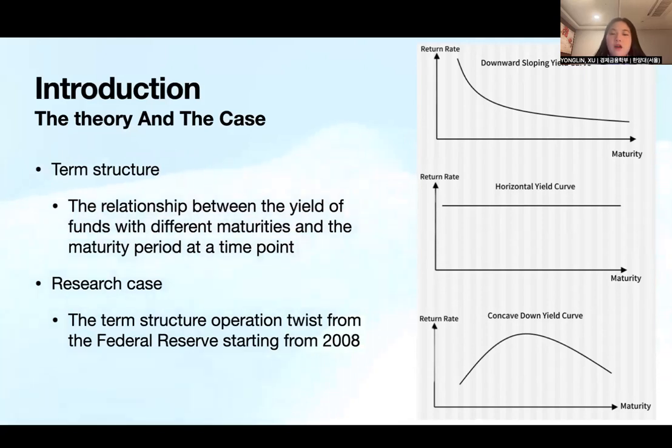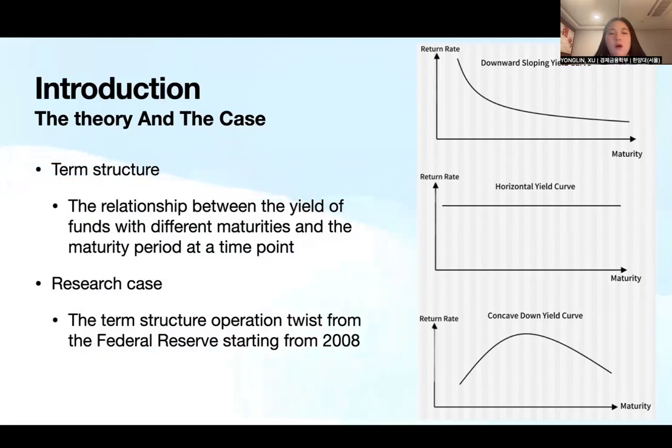The operation twist means selling short-term government bonds and buying long-term government bonds, to extend the overall maturity of the government bond assets without expanding the size of the balance sheet of the country. From the perspective of the yield curve, this kind of operation is equivalent to bending the far end of the curve downward.